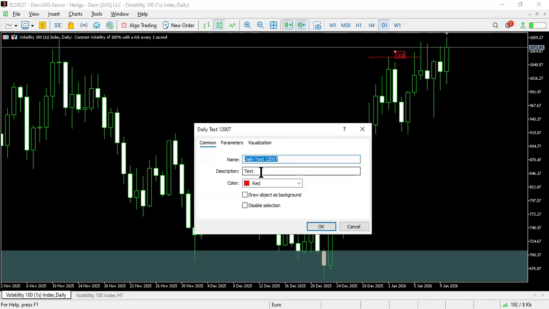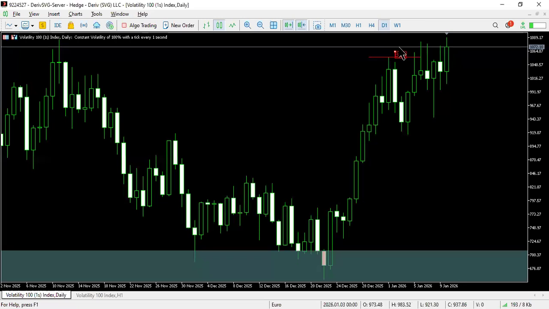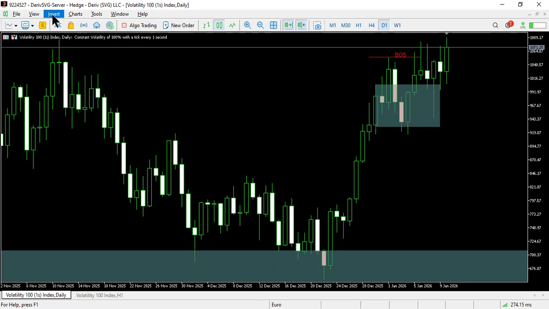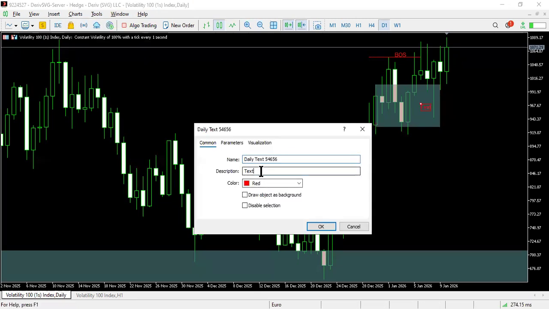So we have a break of structure, and then the order block, which caused that break of structure. It's that one where price stepped in and it's pushing to the upside.